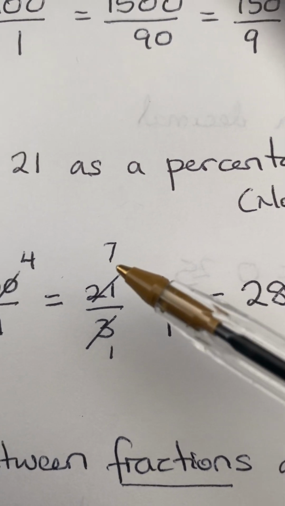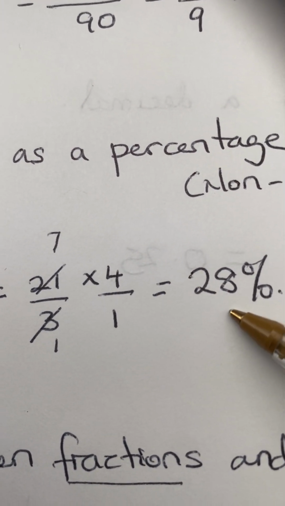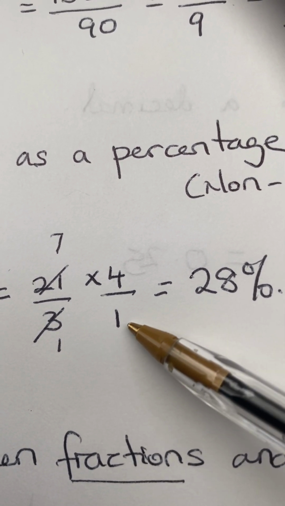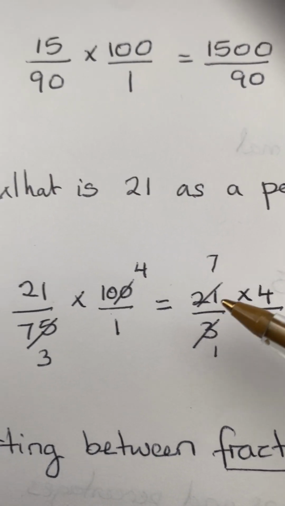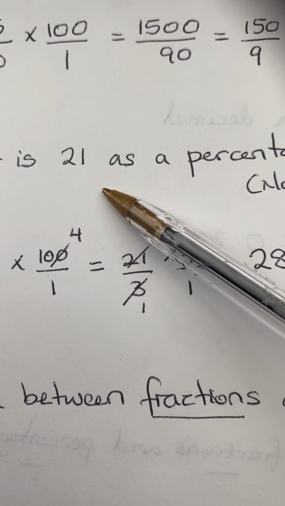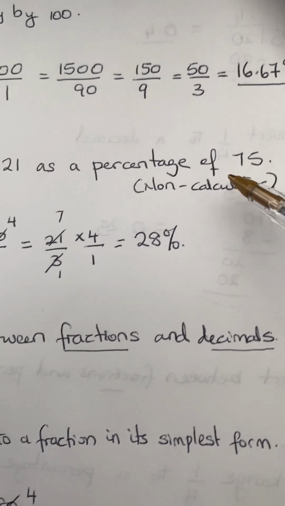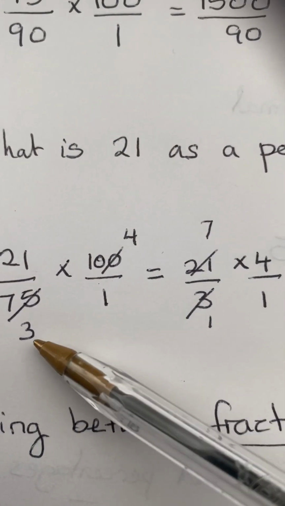Now 7 times 4 is 28. The denominators, 1 times 1, is 1. So now I've reduced what is 21 as a percentage of 75. This one, you don't really need a calculator to solve.